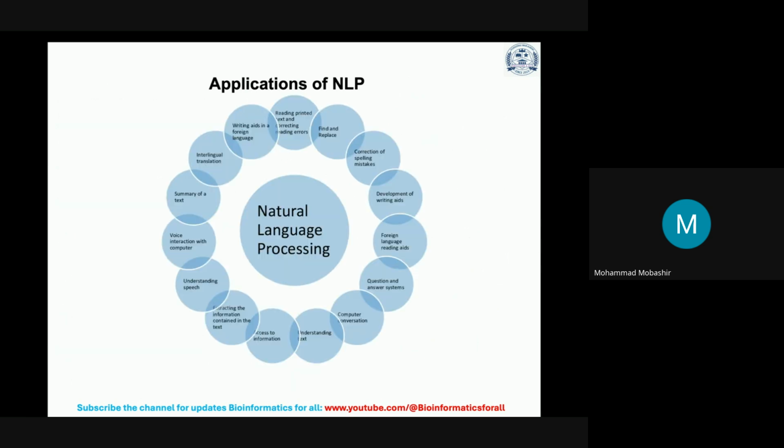Now, if you want to summarize these vast applications into a figure or list of applications, here is the list of the most common applications of natural language processing. So these days, in the last 10 years, NLP has become a real part of our everyday life.